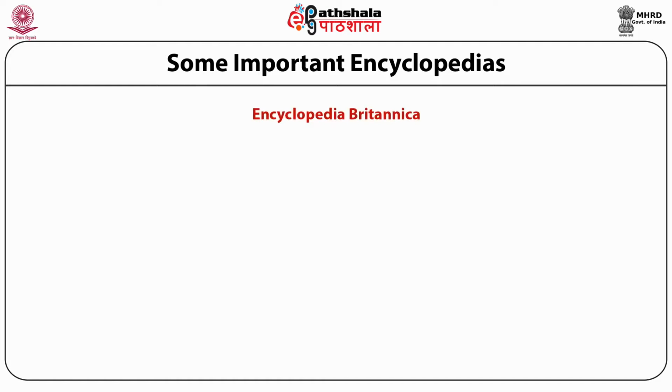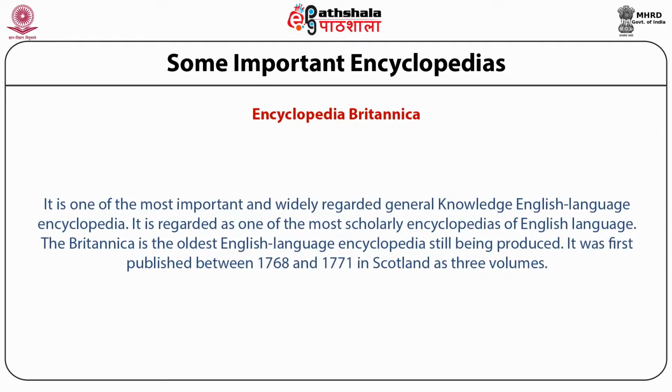Encyclopedia Britannica. Encyclopedia Britannica is one of the most important and widely regarded general knowledge English language encyclopedias. It is regarded as one of the most scholarly encyclopedias of the English language. The Britannica is the oldest English language encyclopedia which is still being produced.